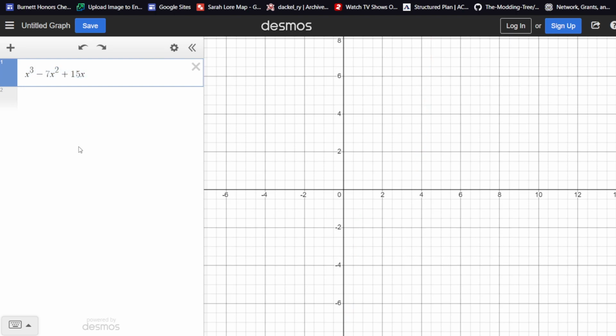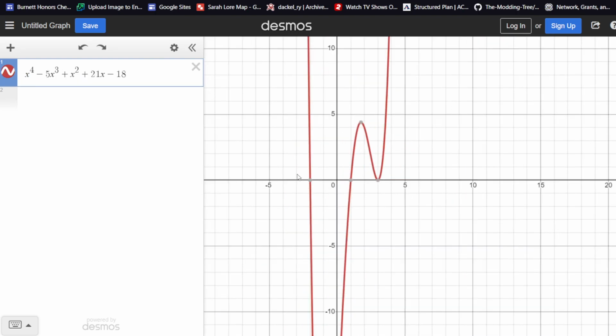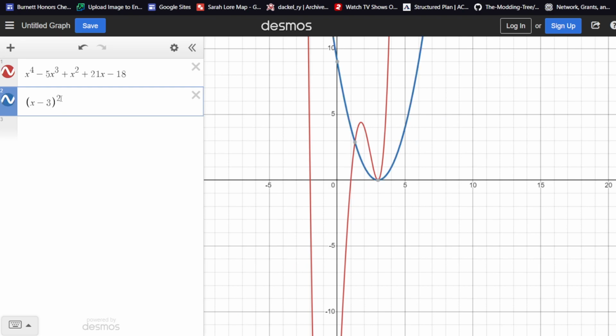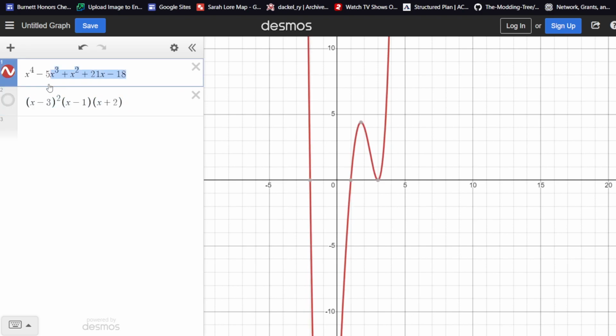If we actually plug in our original equation and then plug in our new x minus 3 squared times x minus 1 times x plus 2, we can see that they match. Look at that. Pretty darn perfect. Which means these equations are in fact the same, and this is the factored form of this.